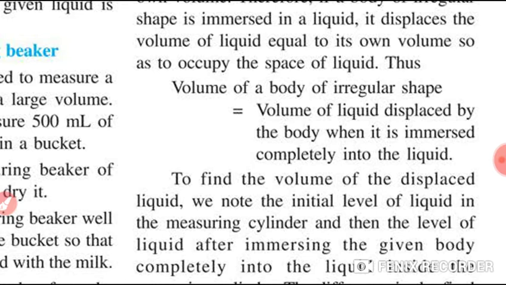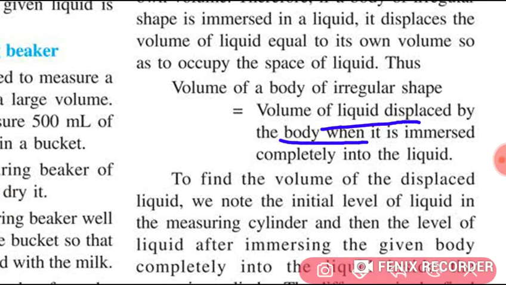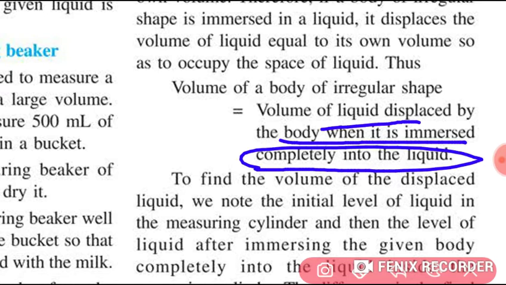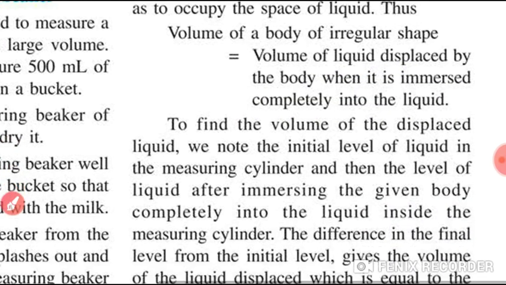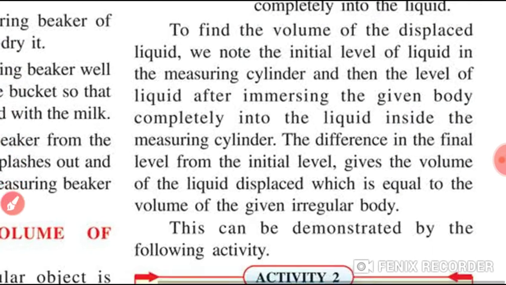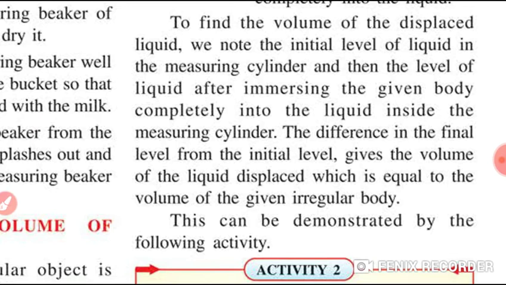Thus we can say that the volume of a body of irregular shape is equal to the volume of liquid displaced by the body when it is immersed completely into the liquid. To find the volume of the liquid, we know the initial level of the liquid in the measuring cylinder.